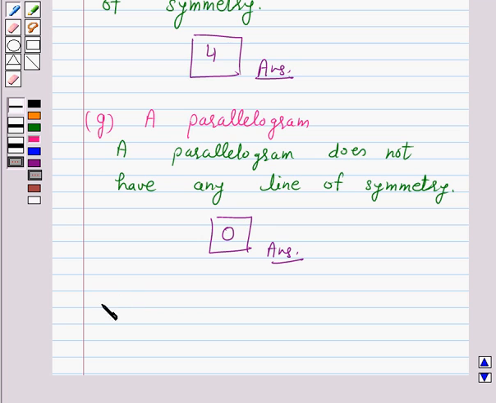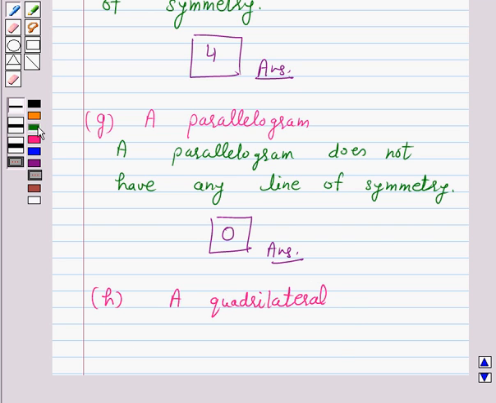Now in part H, the given figure is a quadrilateral. Again, in a quadrilateral, we cannot have any line about which, if this figure is folded, the two parts of the figure will coincide.